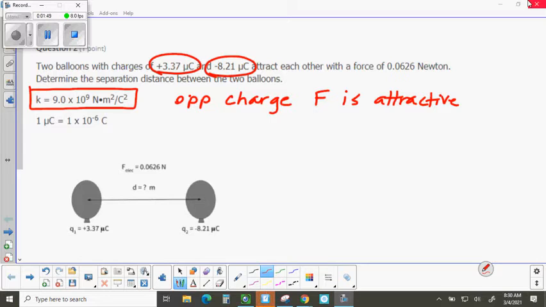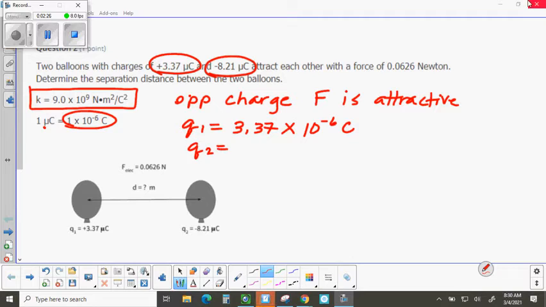And because our constant has coulombs, we have to convert microcoulombs into coulombs. And so basically, we can just multiply times 10 to the negative 6. So as we start to list the variables that we know, the first charge is equal to 3.37 times 10 to the negative 6 coulombs.